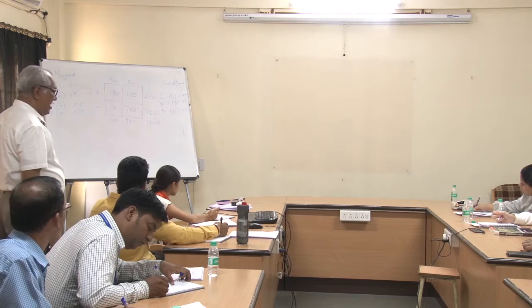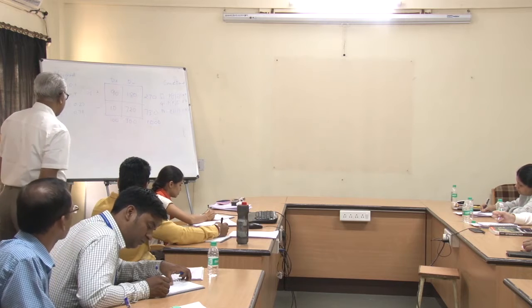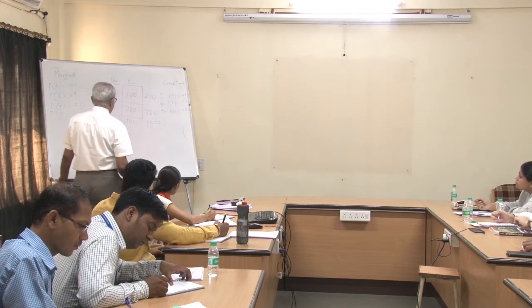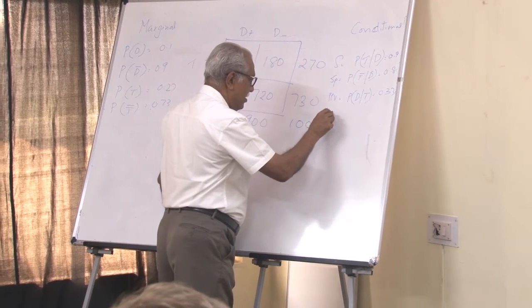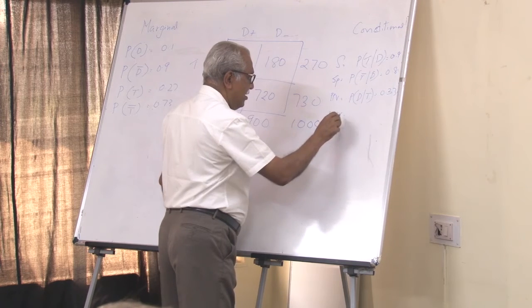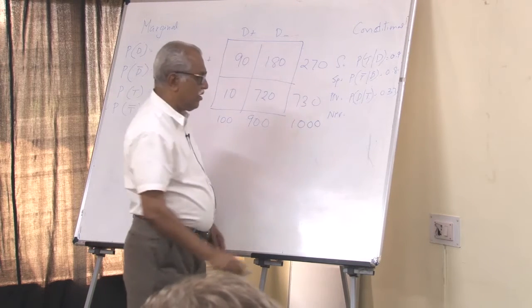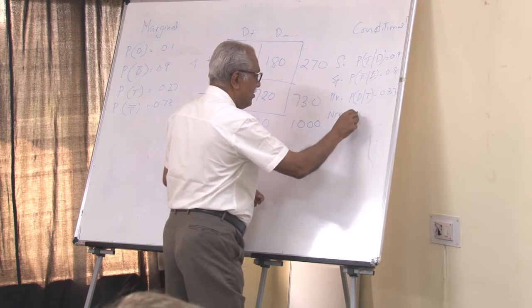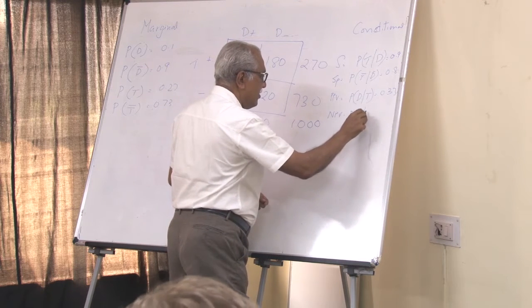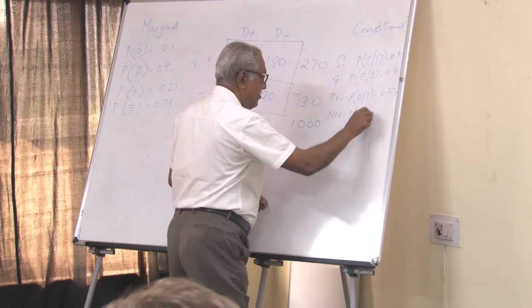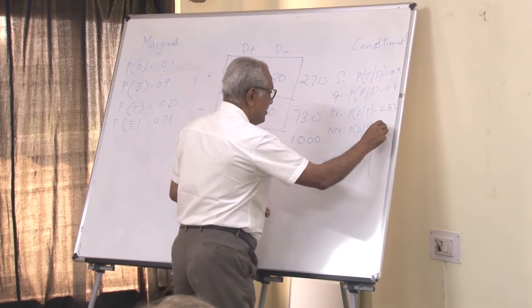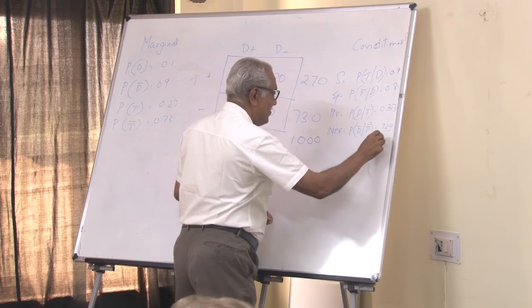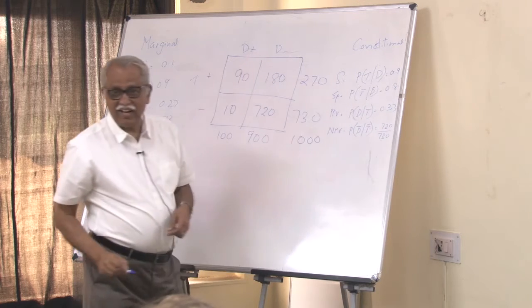It's simply 90 divided by 270. Now our friend negative predictive value is equal to probability of no disease given test is negative, which is equal to 720 by 730. I can't calculate that.